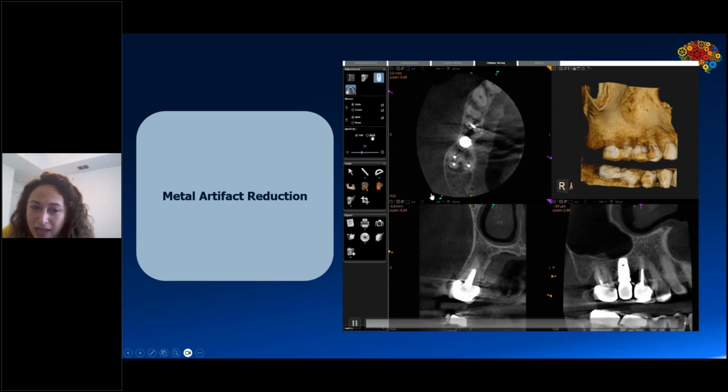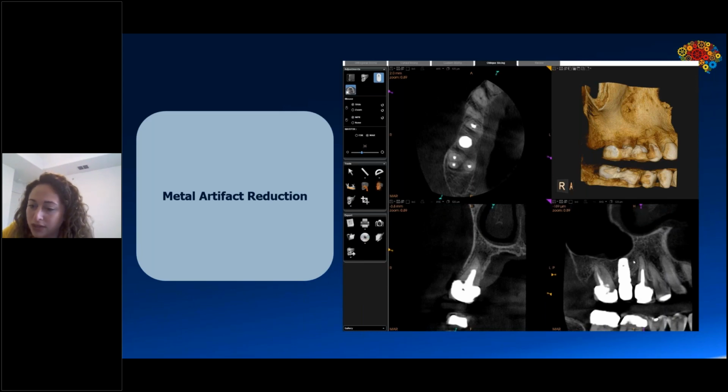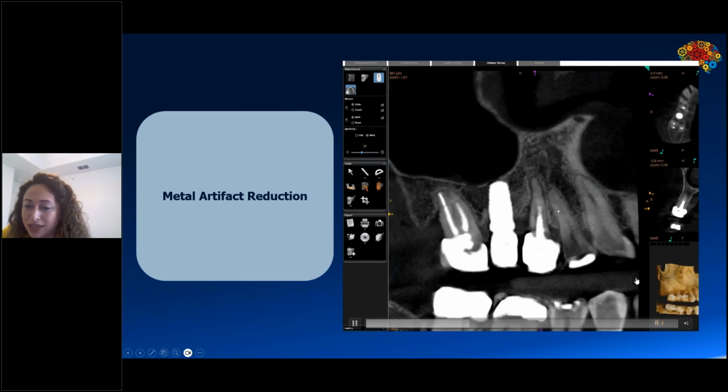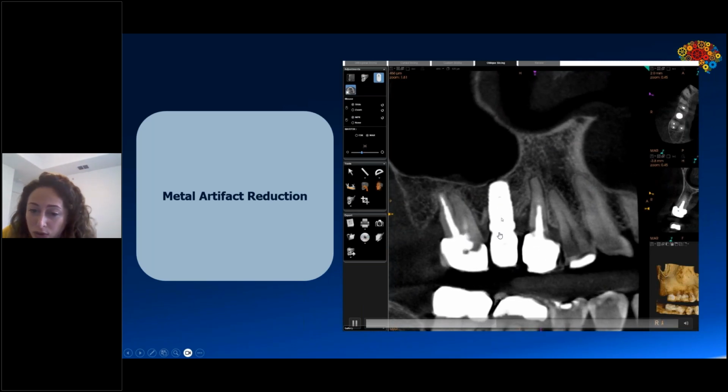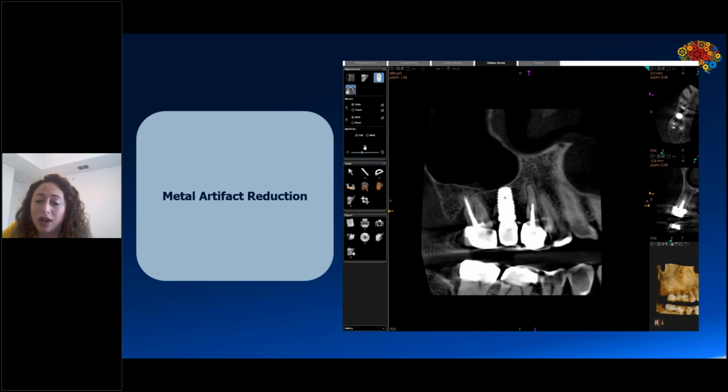But as we play the video, once we apply metal artifact reduction, we can now actually see if there's bone or not. If we have bone loss, where is that bone loss localized? Is it only around the post, or does it also involve the implant? And you can see as we go back and forth between FDK and MAR, it just makes our diagnosis much more clear, and it gives us more confidence.